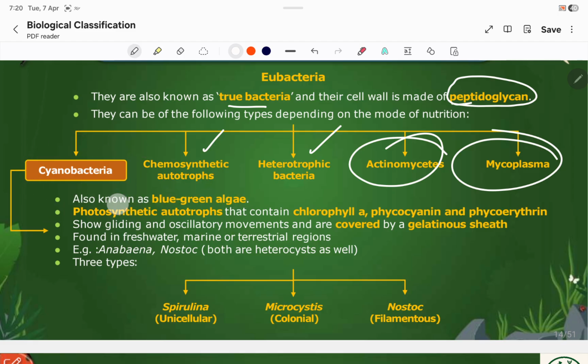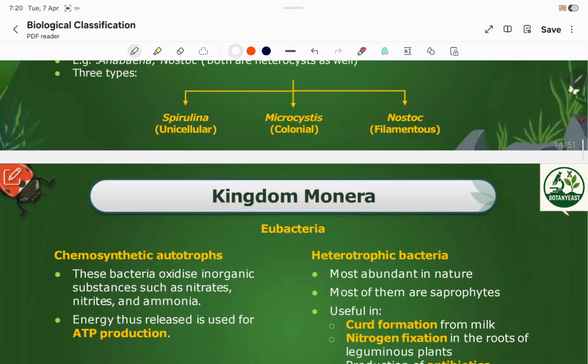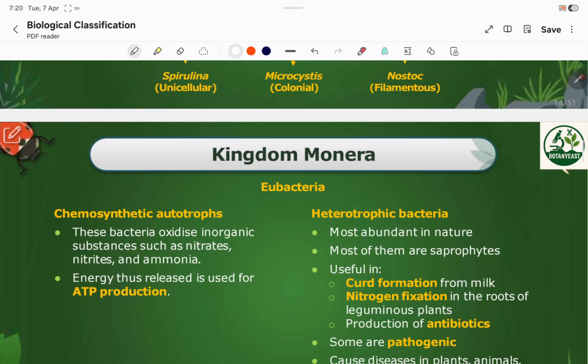Then come the chemosynthetic autotrophs. They can oxidize chemicals or substances like nitrates and ammonia, and with that they can form ATP. That is known as chemosynthetic autotrophs.